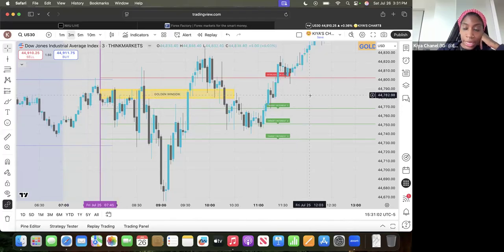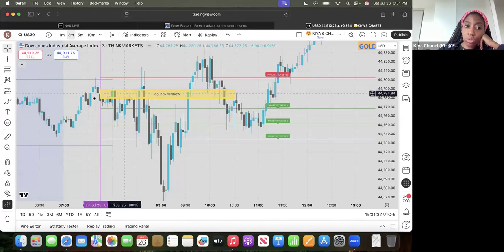The reason why is because I've actually physically seen with my own eyes the golden window, the invalidation zone, and all the target zones pop up, and then magically go away. And I'm like, oh my gosh, what happened?